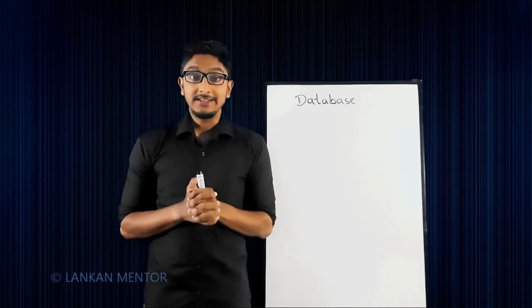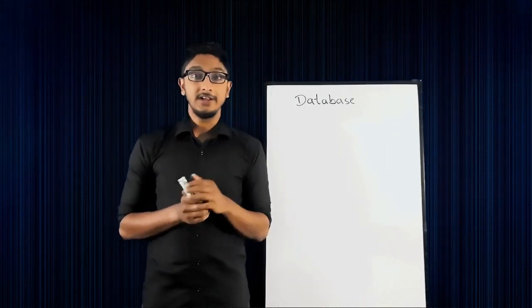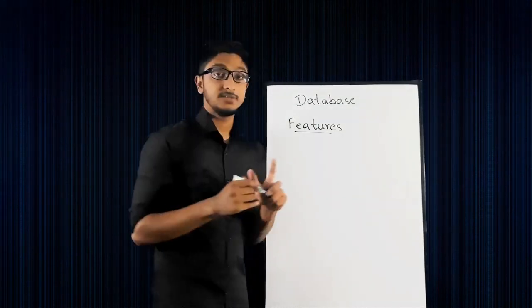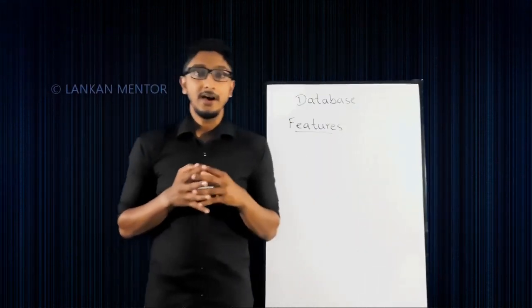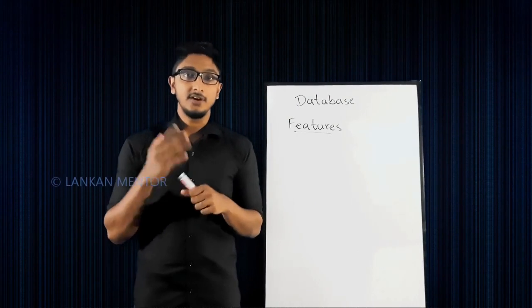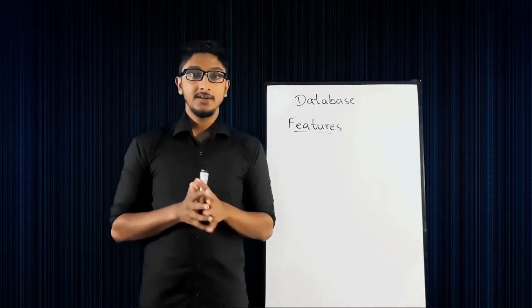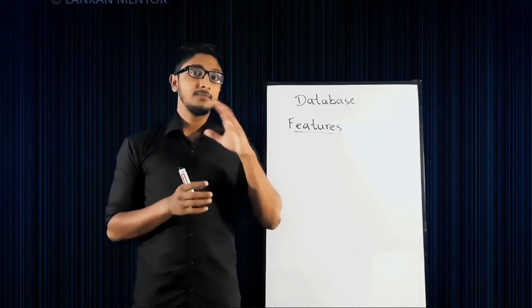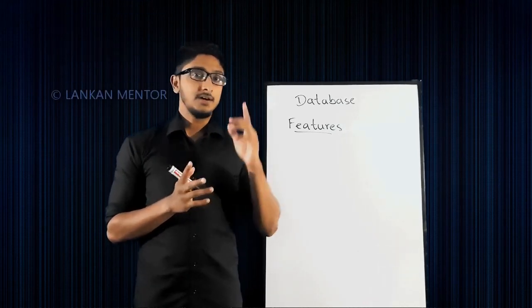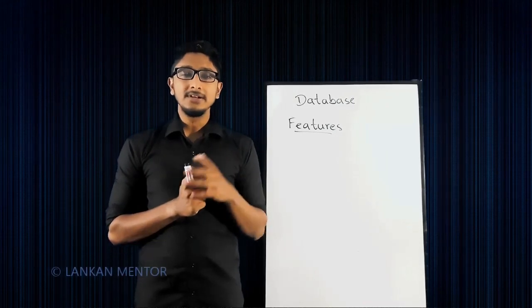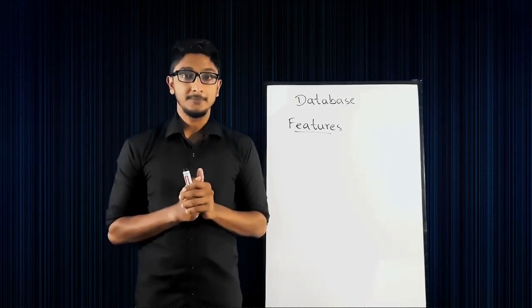Okay, next we'll discuss about the features of a database. Features. Again, you have those features in your textbook. You better refer them when I'm explaining, right? So among the features, the first feature that is given in your book is minimal data redundancy.